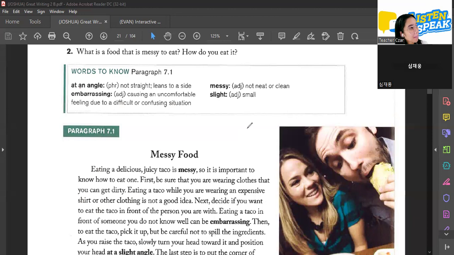Like for example, stairs. The stairs are straight, but when you look at its position, it's not straight because it's leaning. Okay.